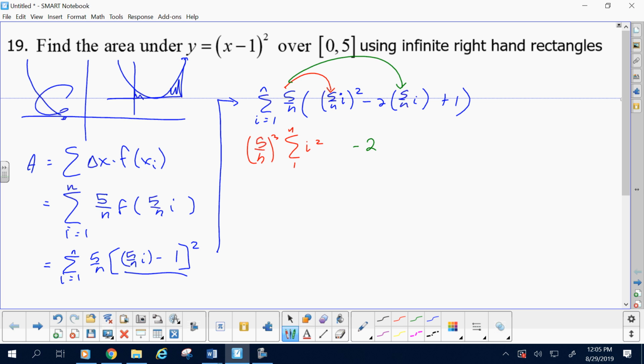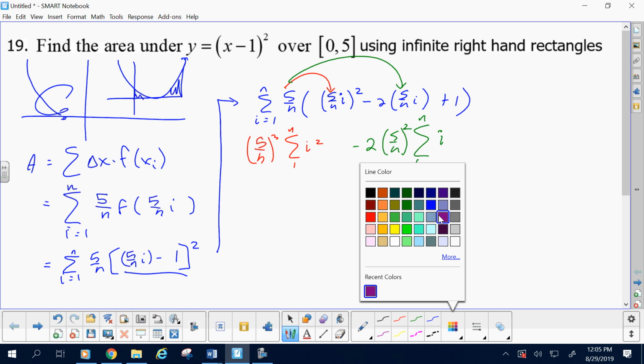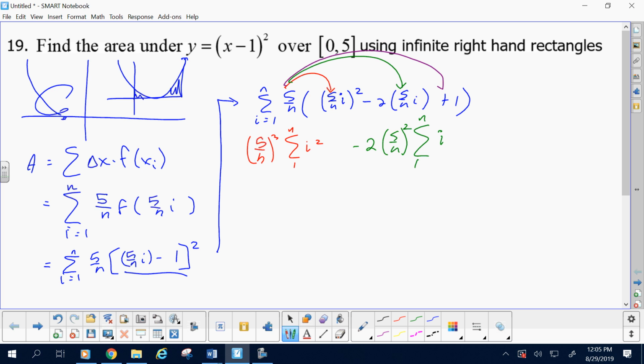A negative 2 and a 5 over n and the sum of a bunch of i's. Okay? Oops, that's where I was pointing with that mark. Alright, and then the last is 5 over n times a bunch of 1s. Cool. Alright? Doing well, doing well.